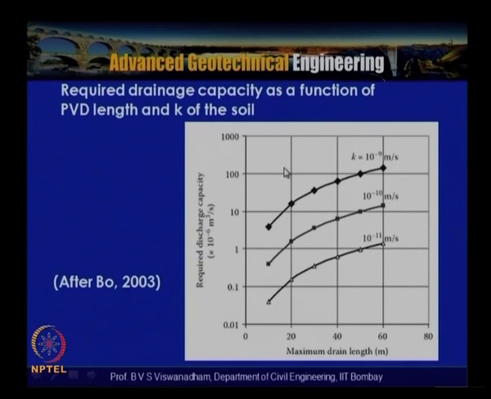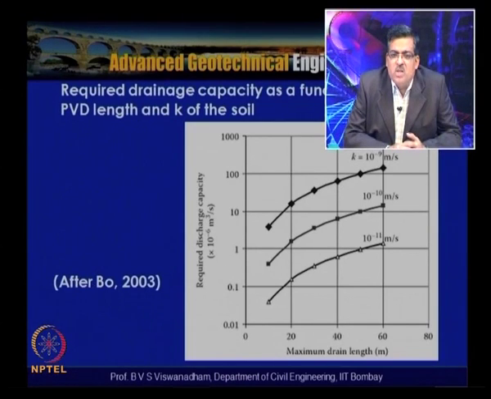With an increase in permeability of the soil, the discharge capacity requirement also increases, because the larger the permeability of the soil, the more water is pumped into the flow channels, and so the selected PVD has to be economical in meeting the requirement.